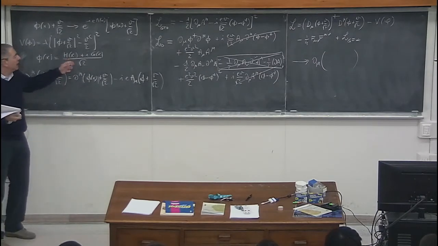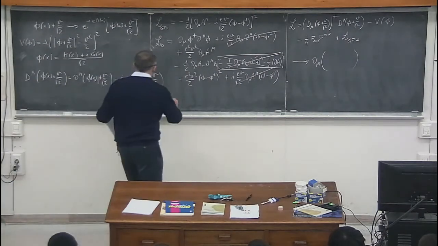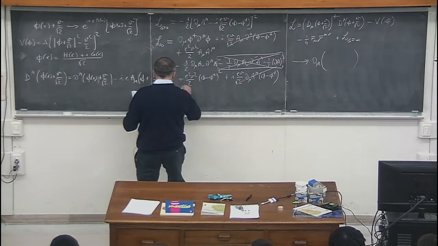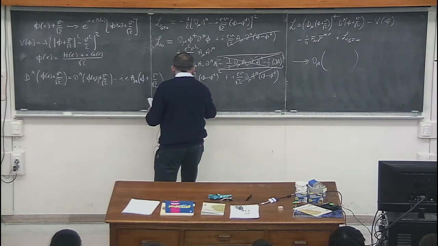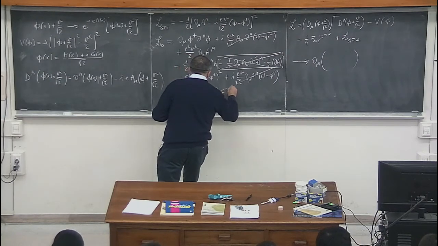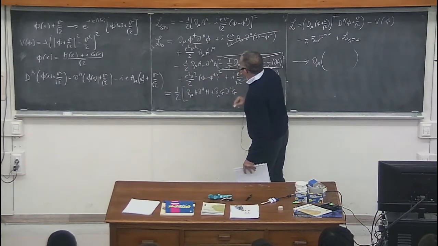H stands for Higgs and g stands for Goldstone, and this should remind you of something you already saw. So if I do that, this L0 becomes simply 1/2 times d mu h plus d mu g, and this is this term.